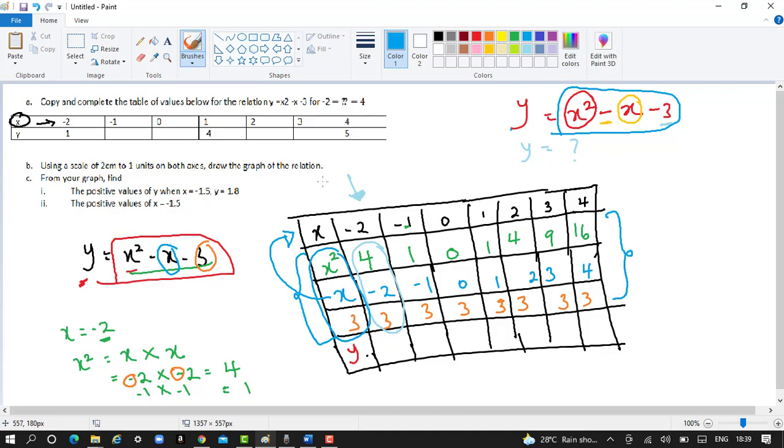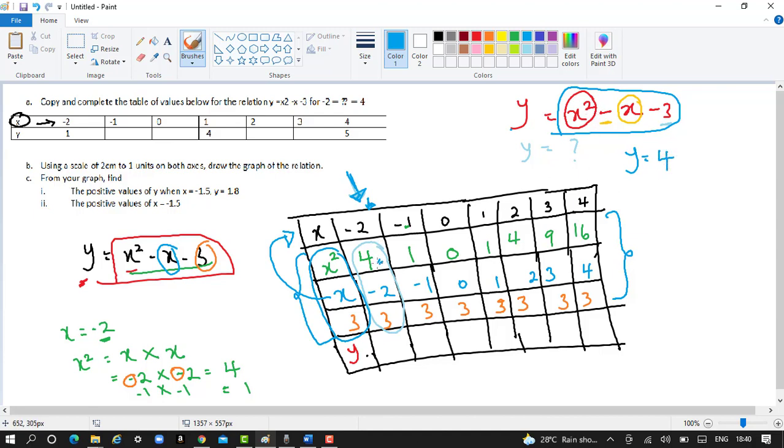So let's start from the first one, this one. Let's start from this side. When our x was -2 and we replace it in the function of y, what did we get for y? So let's look at it. From our -2 region, the x squared was 4, which is here.